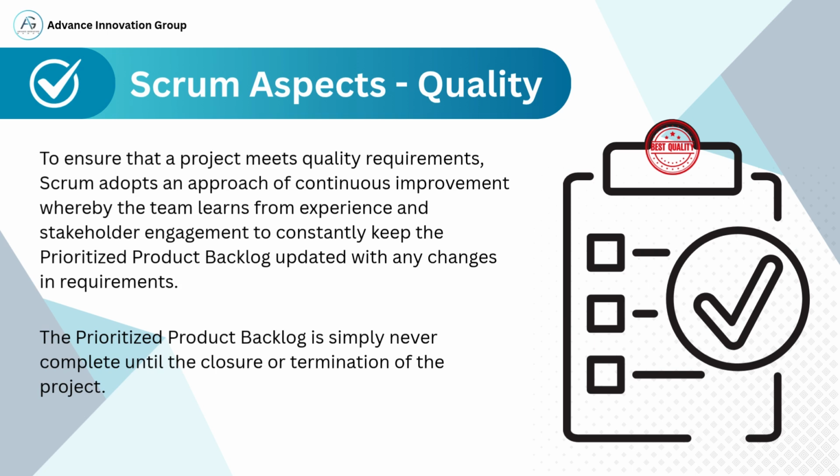Since the environment and business needs evolve, the product backlog is considered a living document. It's never really complete until the project ends or is terminated. This flexible and adaptive approach helps ensure that the project always aligns with what the customer actually needs, maintaining quality from both technical and business perspectives.